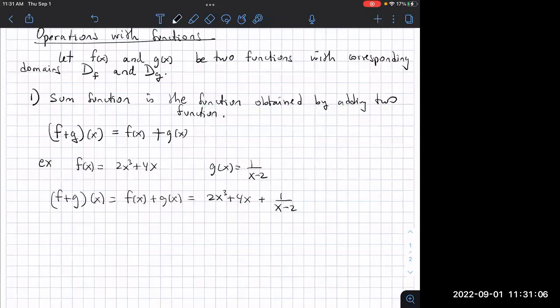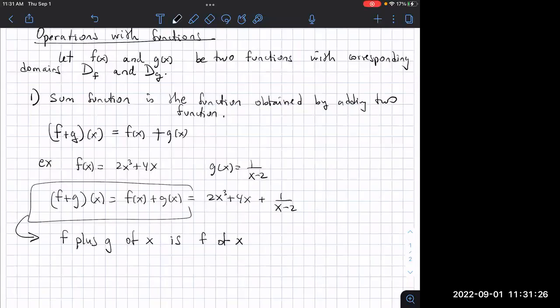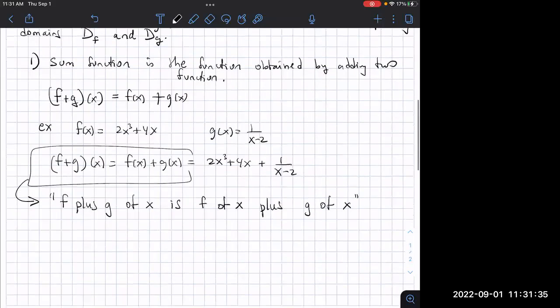The way you read this is, f plus g of x is f of x plus g of x. Does that help? I think so, yes. Okay.